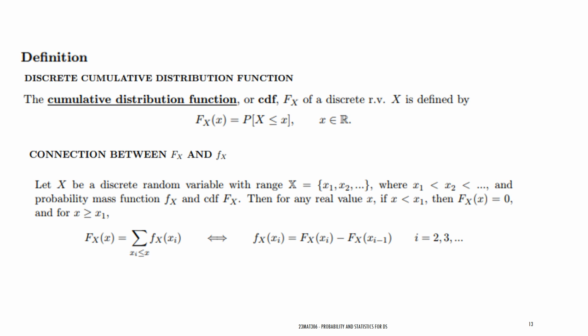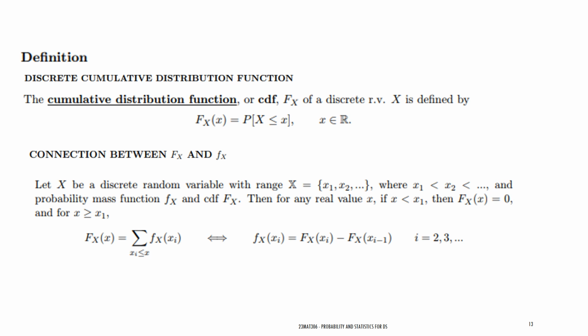The next definition is the discrete cumulative distribution function, or CDF. Fx of a discrete random variable X is defined by Fx of x is equal to probability of X less than or equal to x, where x belongs to the real numbers.